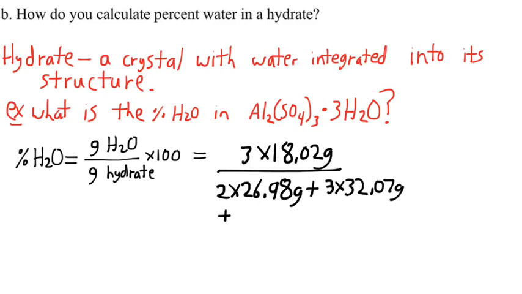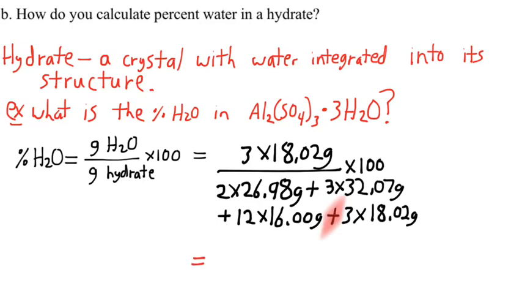Plus 12 oxygens. Plus the 3 waters, because that's part of the compound also. Okay, so let me look at the subscripts again. I highlighted the plus because you don't multiply. The dot in the formula does not mean multiply. It means that there's attachment there, a bond there. It's just part of the notation for writing chemicals that are hydrates.